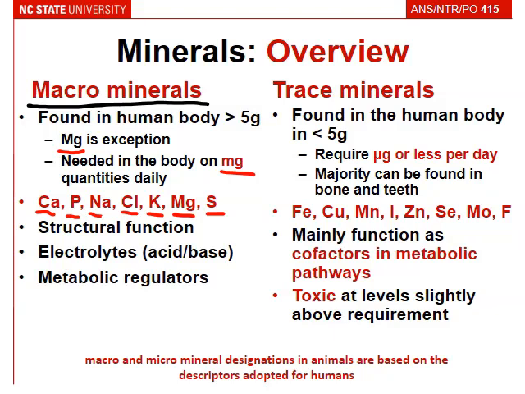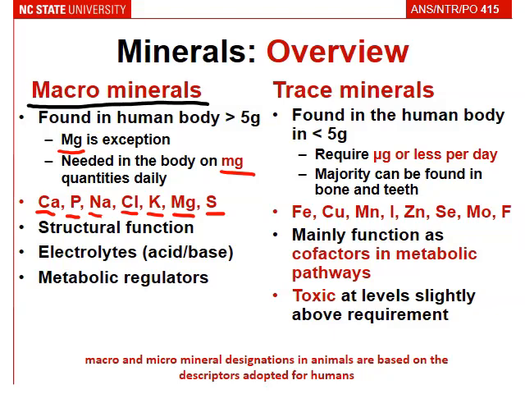Our electrolytes, sodium, potassium, and chloride, are responsible for our acid-base balance. And then we have metabolic regulators, which is mainly magnesium specifically, and also structural sulfur. Sulfur is found within our sulfur amino acids, methionine and cysteine.